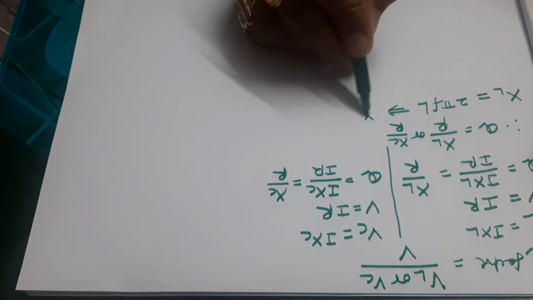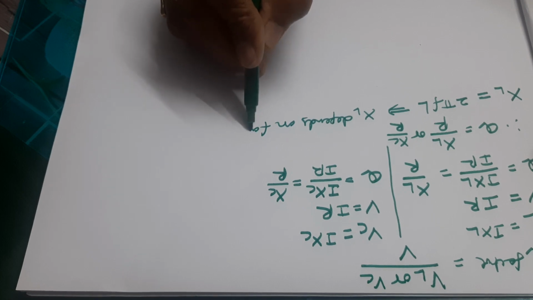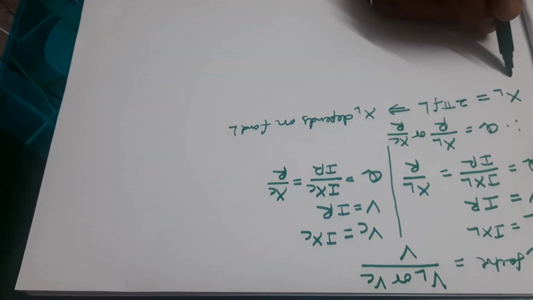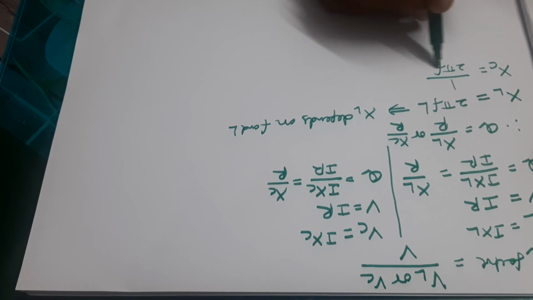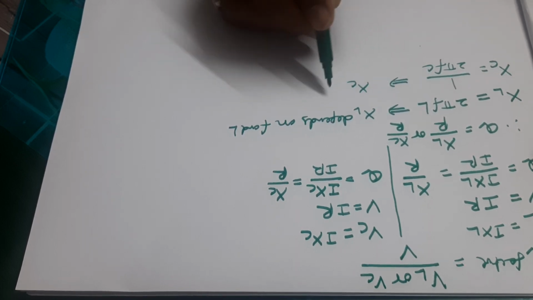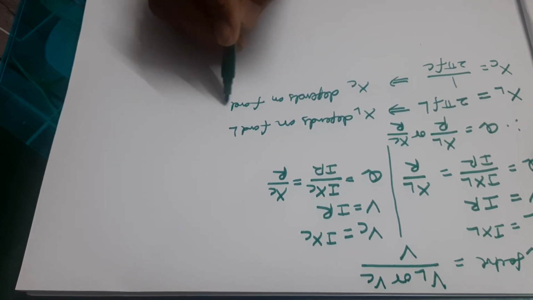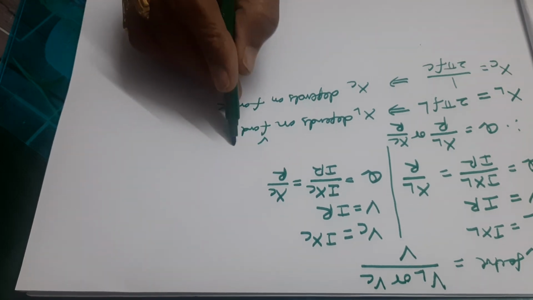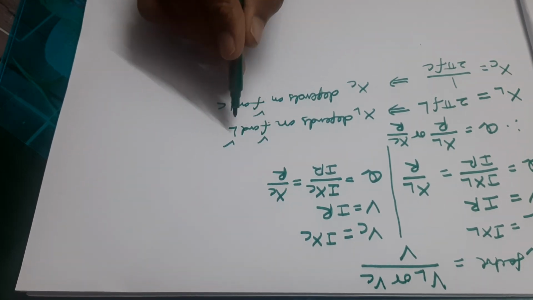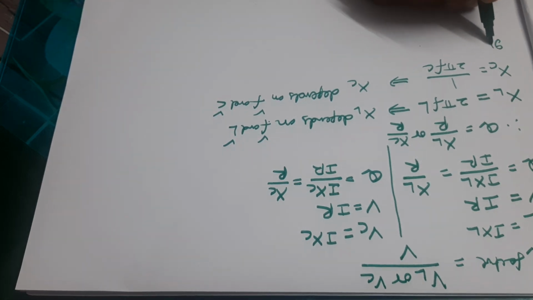That means XL depends on frequency and L values. Similarly, XC value is 1 by 2 pi FC. That means XC depends on frequency and capacitance value.